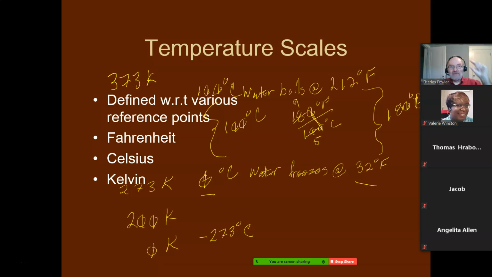A Fahrenheit degree is a little bit more than half of that, okay? That ratio of 9 to 5 or 5 to 9. So those are your scales.